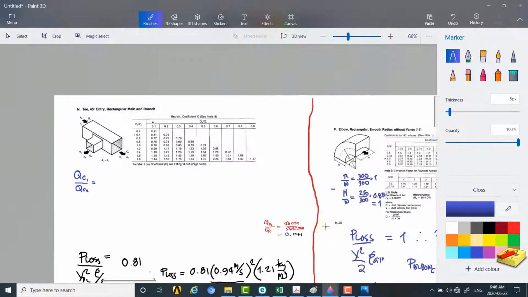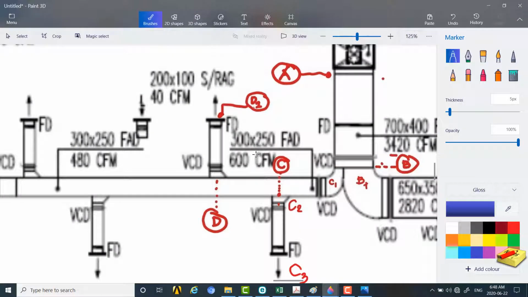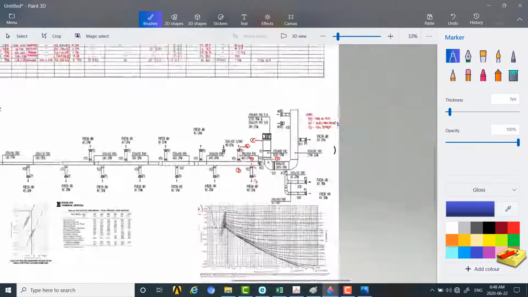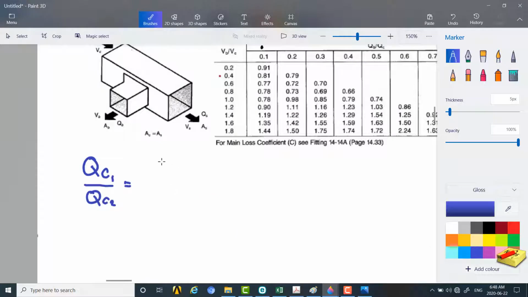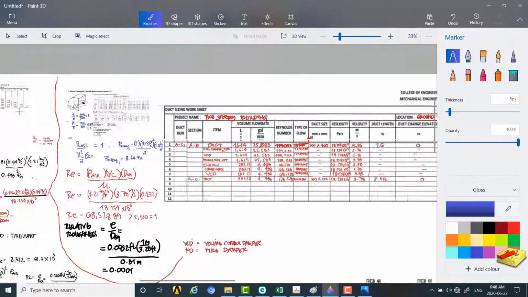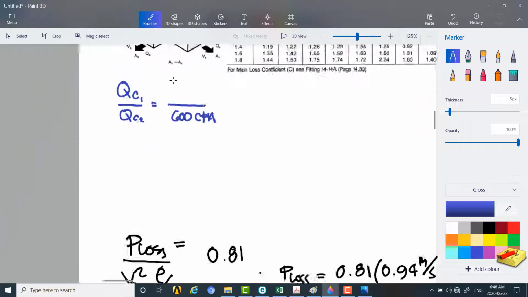Now your main branch, from our drawing, we can check that our main branch will be 600 CFM. Then the branches, below we have 600 CFM, so this will be 600 CFM. Okay, then our branches, that is 40 CFM.